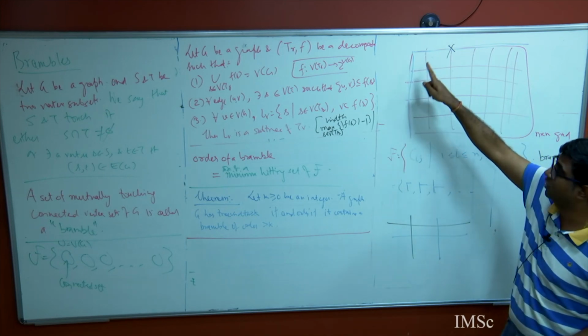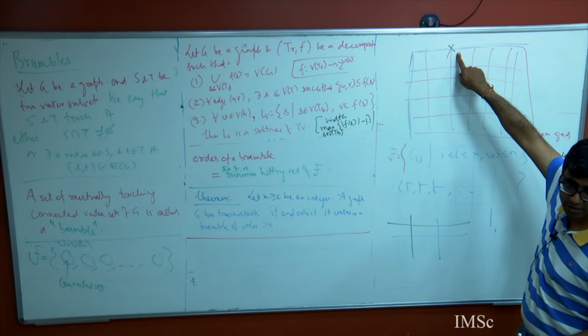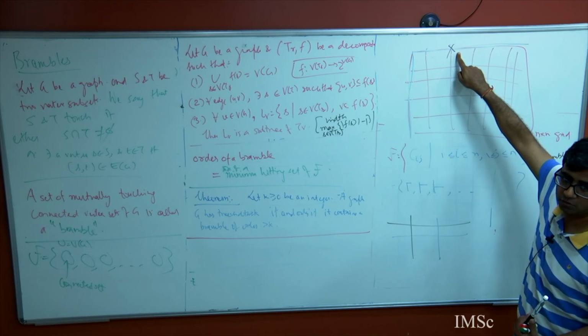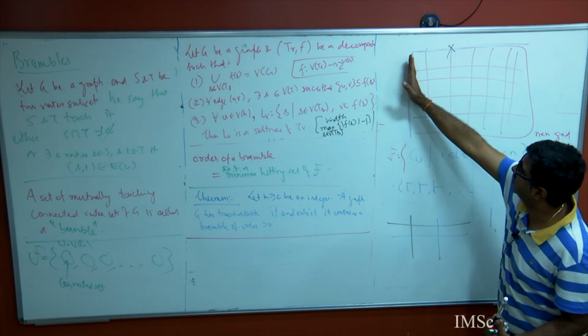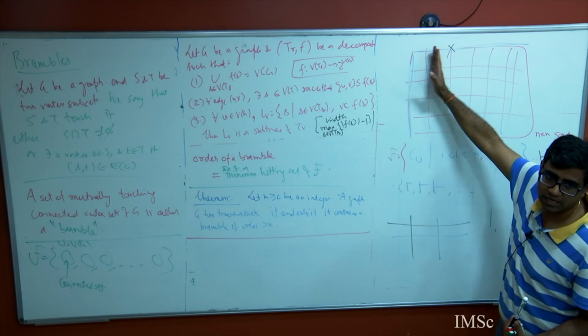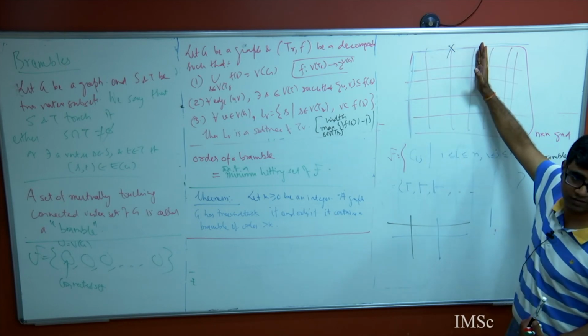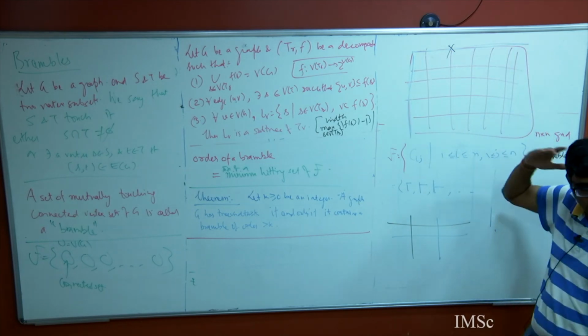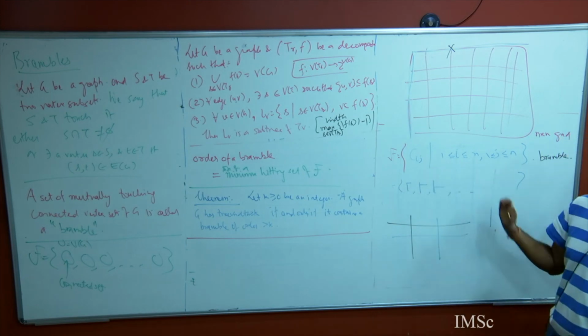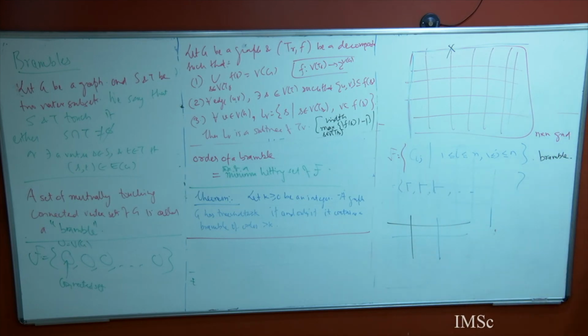All those objects which contain this guy. Think about it. Like this, like this, like this, like this, and like this. Only those crosses will be hit by picking this. So you delete all these crosses.